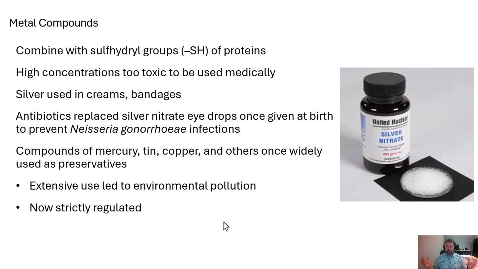It probably works better, but getting rid of the material, getting rid of the waste is very difficult, because it is a known environmental pollutant. It's also extremely toxic under high concentrations.